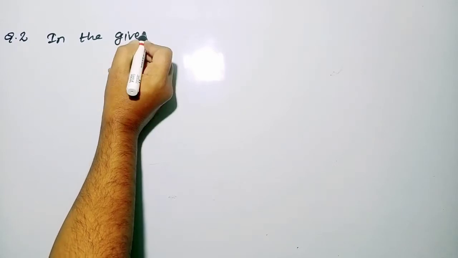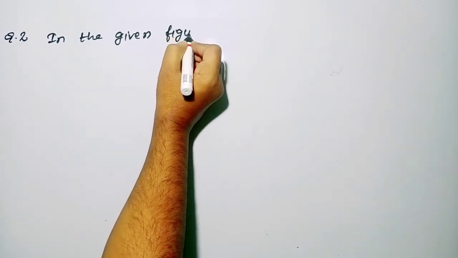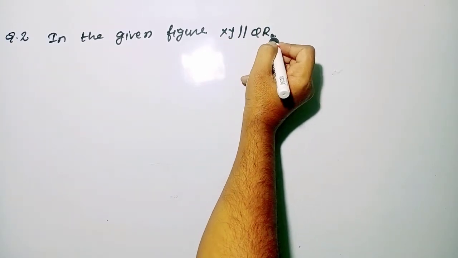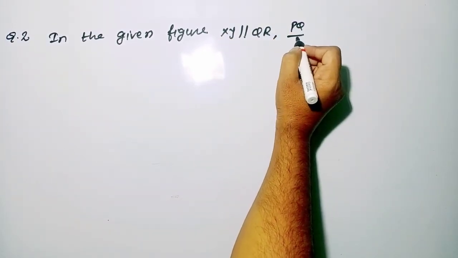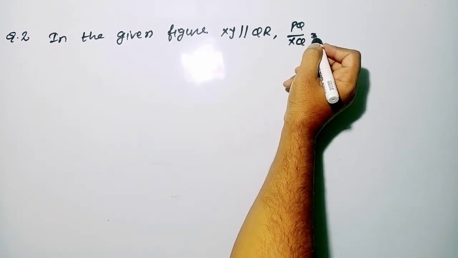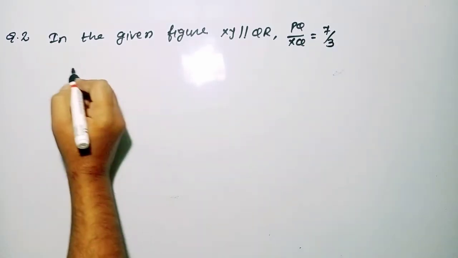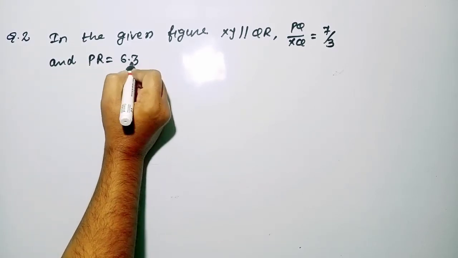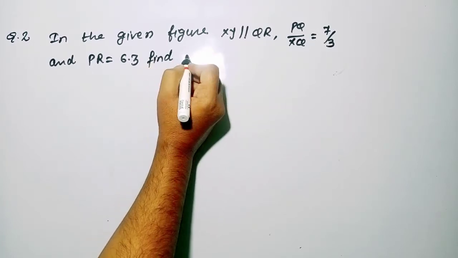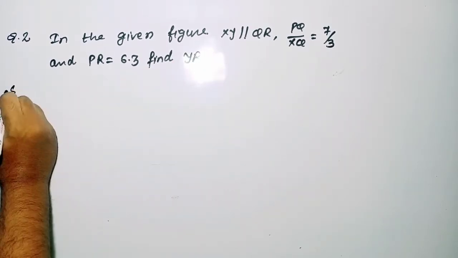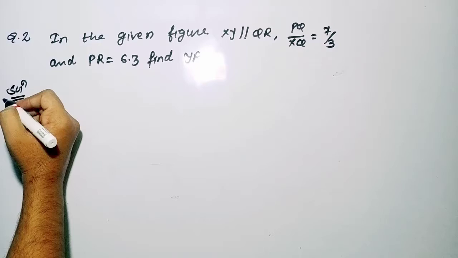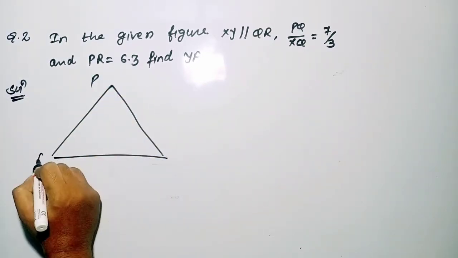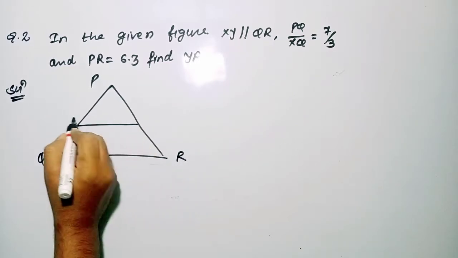In the given figure, XY parallel to QR, PQ upon XQ is equal to 7 by 3 and PR is equal to 6.3. Find YR. Right? So the figure is given PQR.